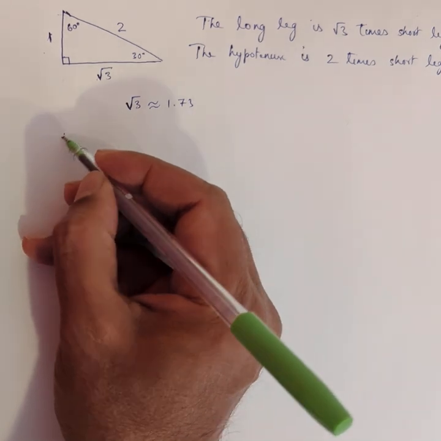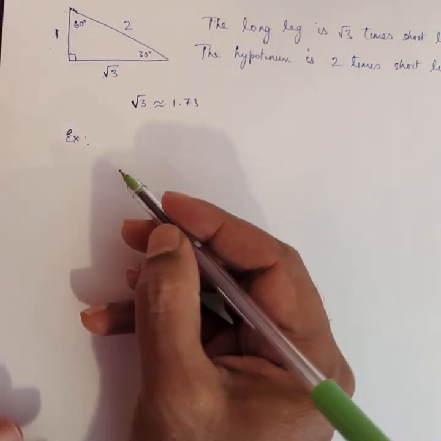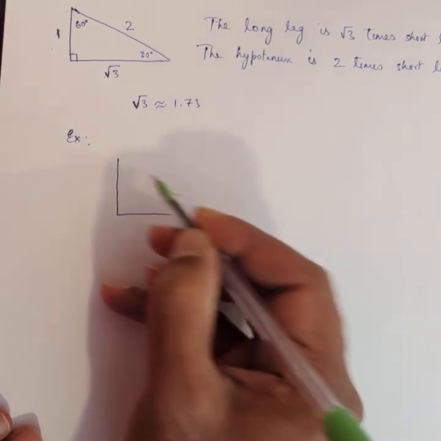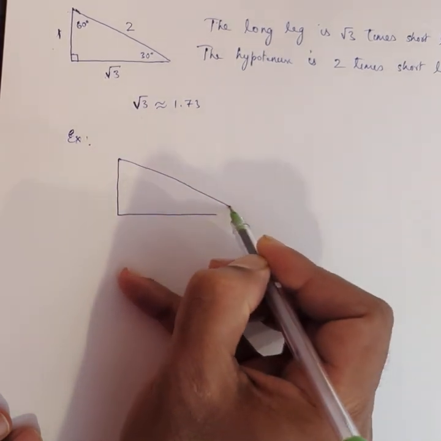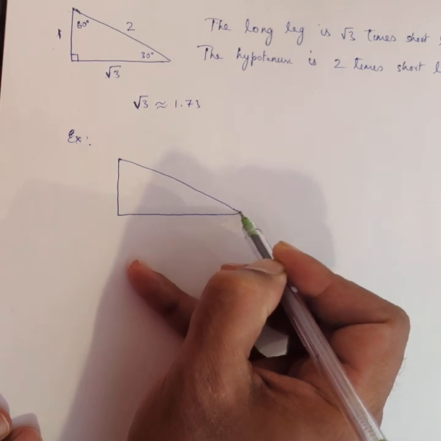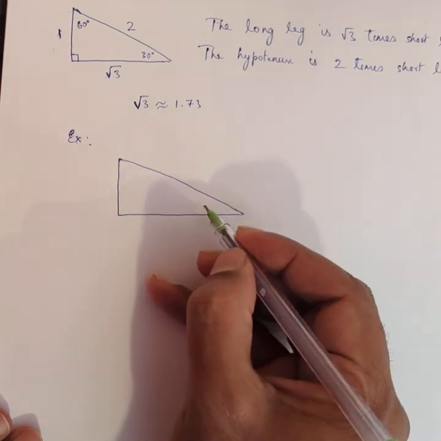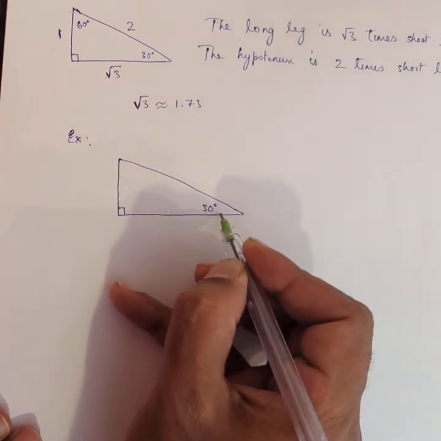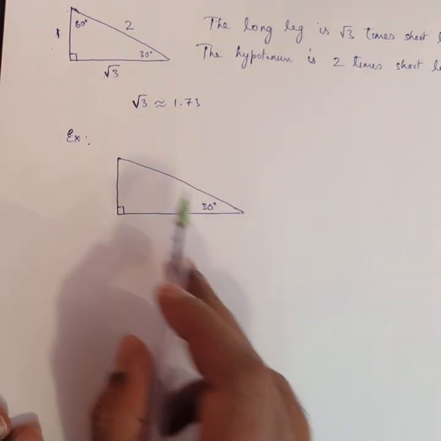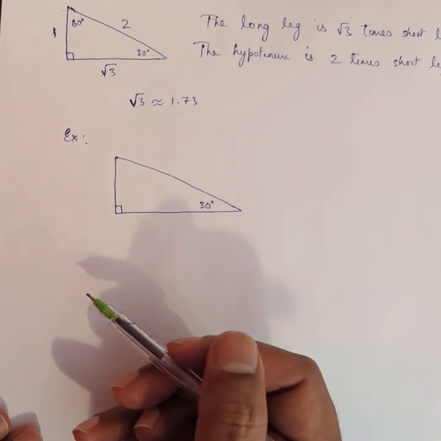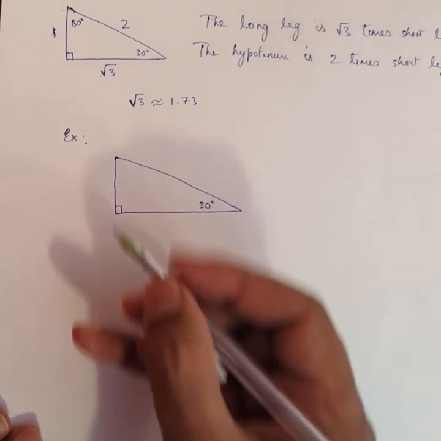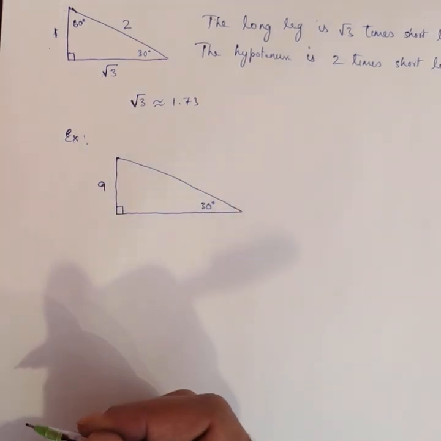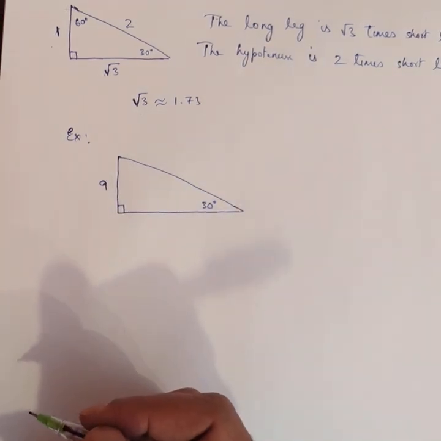So let's look at some examples. If I'm given the short leg, then it's easy to tell the other 2 sides. And you may only be given one angle. Then you know the other angle. If this is 30, that has to be 60 because they both add up to 90. Now, if I'm given the short leg, say the short leg here is 9, then can I solve the entire triangle?